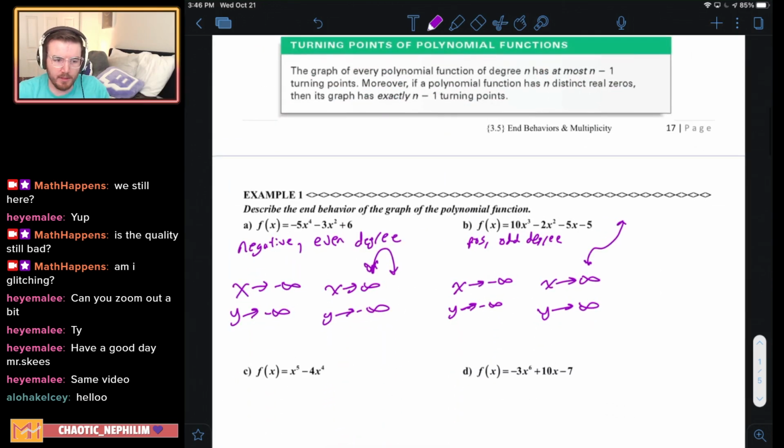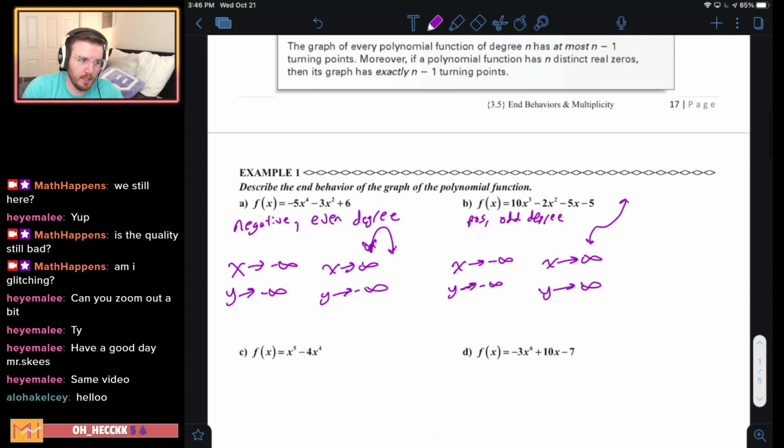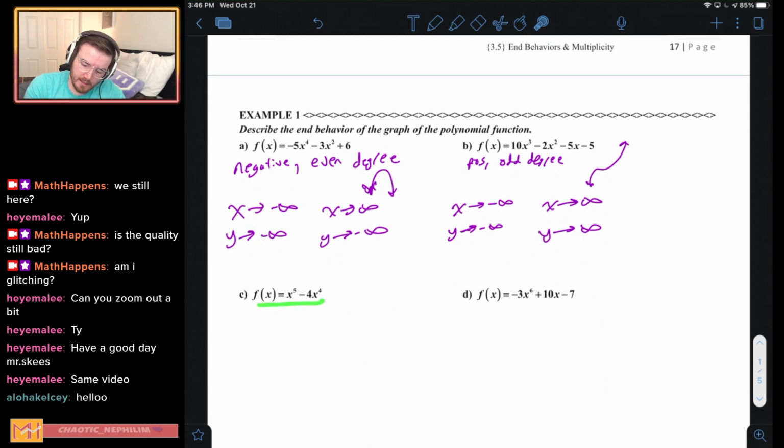Don't think I'm reinventing the wheel here. You've already written it once, hopefully. Maybe you printed this out, or maybe you're just watching. It's the same thing that I had written above. So I look at this.